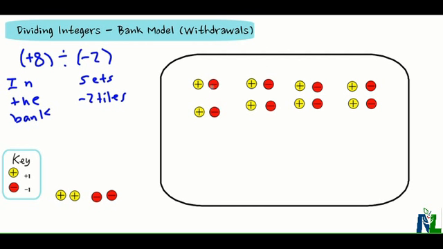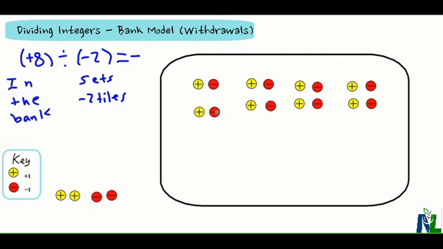So you can see my red ones, I kind of grouped them together here, here, here, and over here, right? So I'm going to remove sets of 2 negative tiles. So if I'm removing, I know that my answer right away is going to be negative, okay? Because when you're using this model, you pay attention to the operation that you're doing.